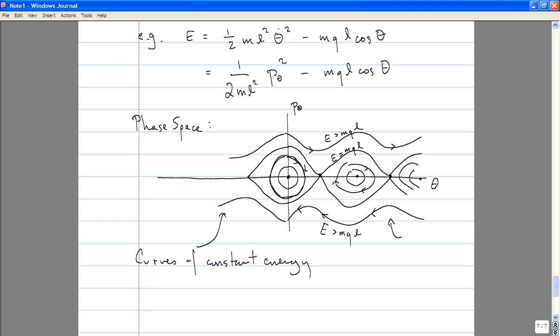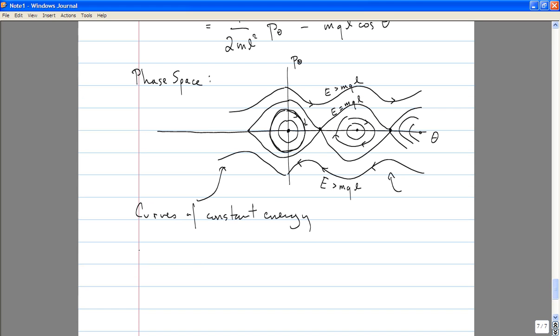So on a separatrix, what the system looks like is, if this is a part of the potential that goes between, say, pi and 3 pi, say these two points here, then what does the system look like as it evolves along a separatrix?